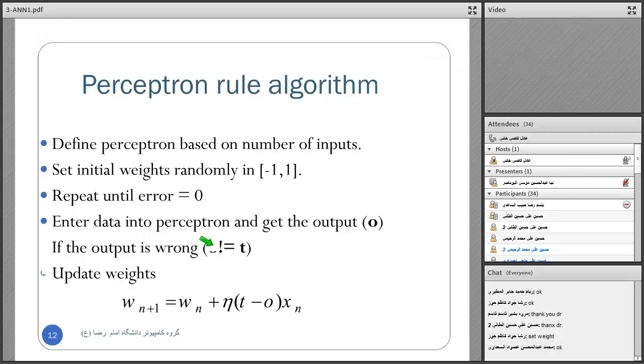Before we use the perceptron, we have prepared the data. For example, we have some data about fruits. Each fruit has two inputs, color and height, and an output. That output is called the target output. So T is the output that we have in the original data. O is the output of the model, the learning model.